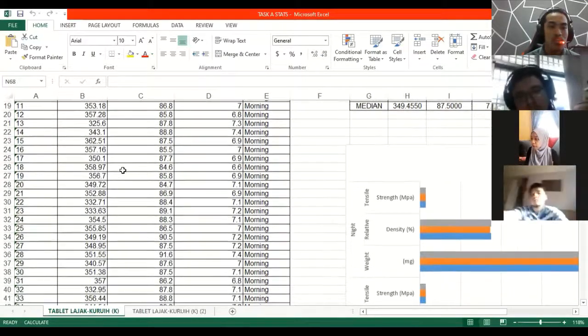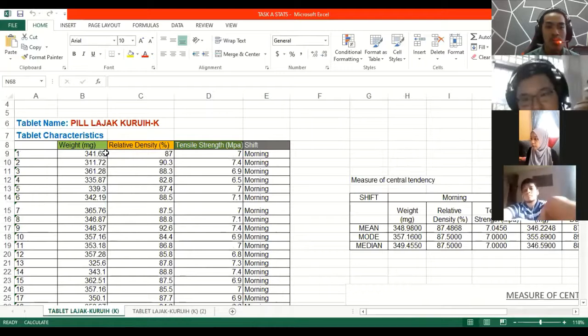We have 200 data samples for weight, relative density, tensile strength, and shift. For task A, we have to summarize all the sample data and show it in different ways, which is the table, the bar chart, and the pie chart.